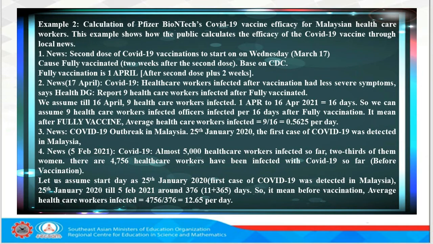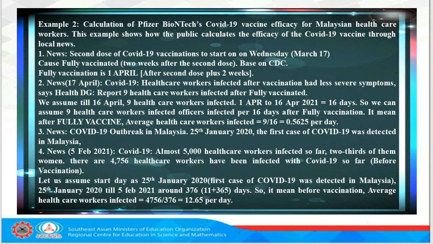3. News. COVID-19 outbreak in Malaysia. The 25th of January 2020, the first case of COVID-19 was detected in Malaysia. 4. News. The 5th of February 2021, COVID-19, almost 5,000 healthcare workers infected so far, 2/3 of them women. 4,756 healthcare workers have been infected with COVID-19 so far, before vaccination.